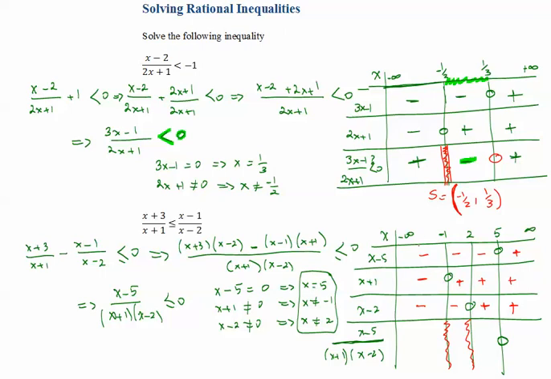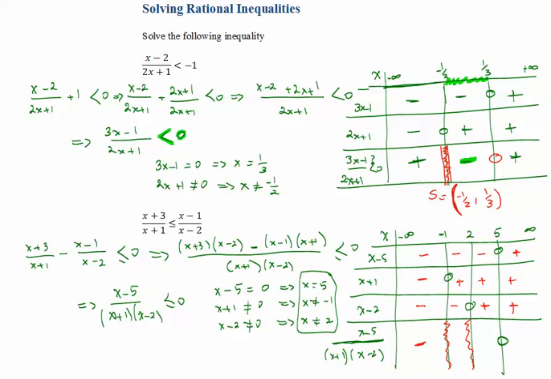So again, in this interval from -infinity to -1, if you choose any x between -infinity and -1, you will have a negative over a negative times a negative. So three negatives make a negative. And from -1 to 2, if you choose a value right here for x, it will make x minus 5 negative, x plus 1 positive, and x minus 2 negative.